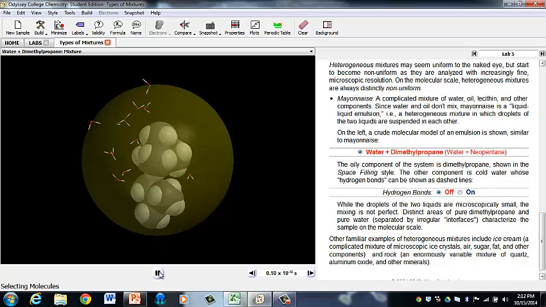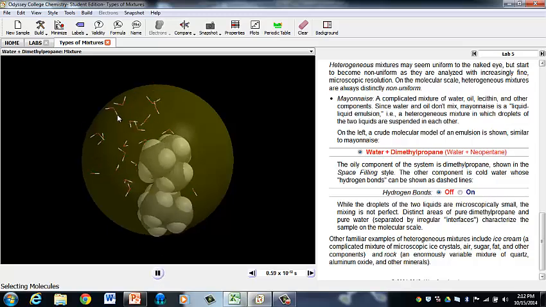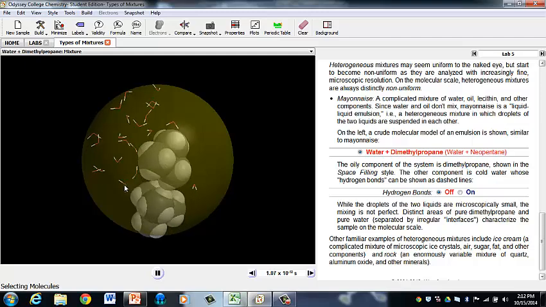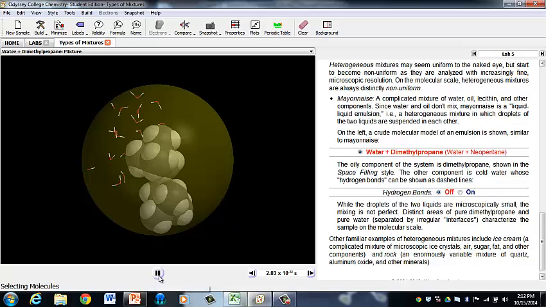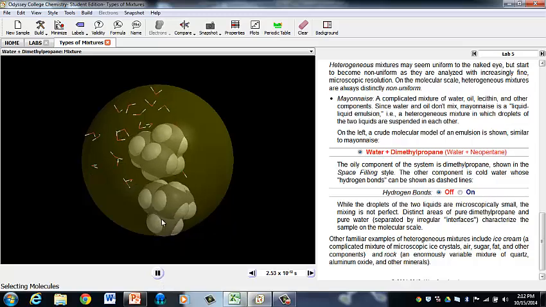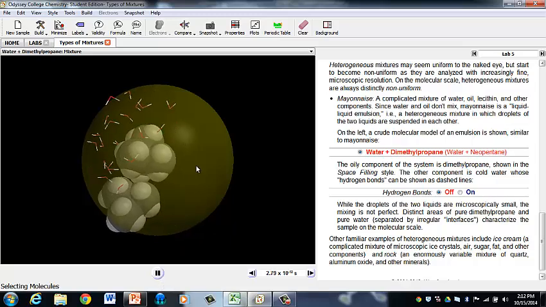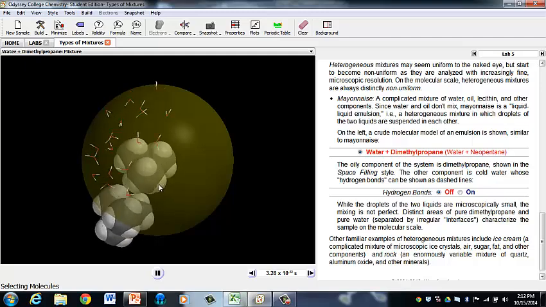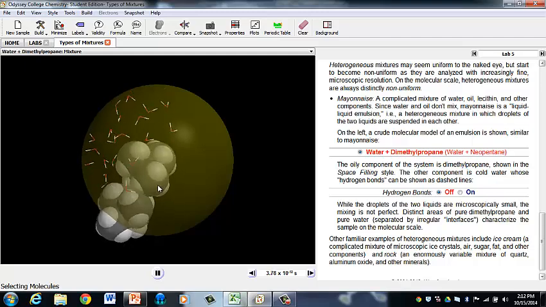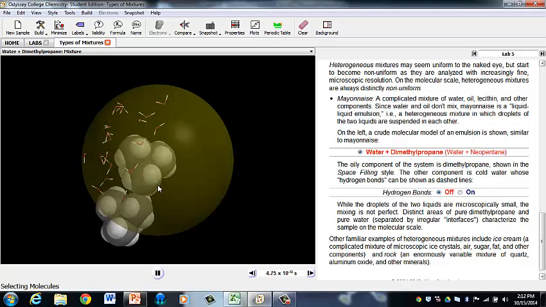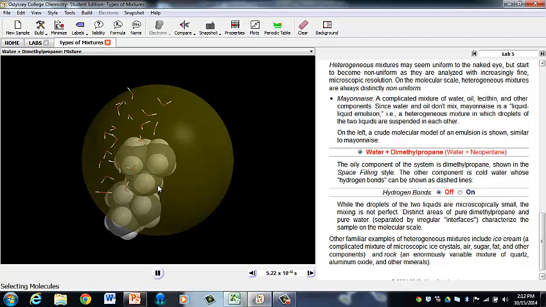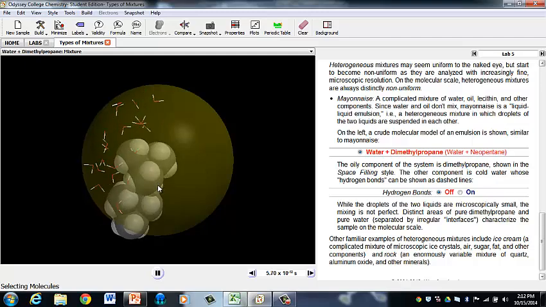Now, if I just let it play, watch the water molecules. They're just sort of randomly moving around it. There's no area on the neopentane for them to grab onto, so they can't get in there and split the neopentane molecules apart. They'd much rather be with other water molecules than with the neopentane, right?